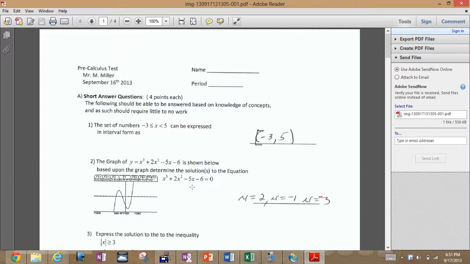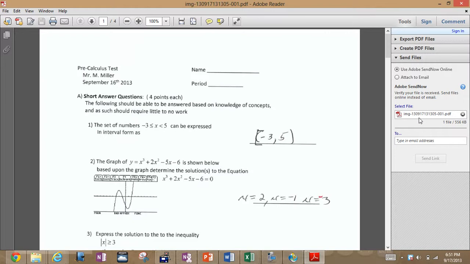I had suggested to you that you can find the solutions to your equations as the x-intercepts of your graph. So here we are. The x-intercepts are 2, -1, and 3.